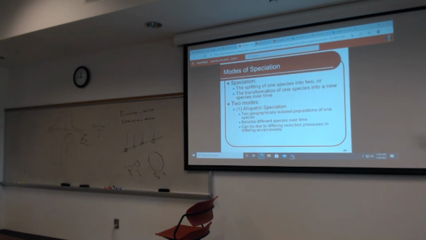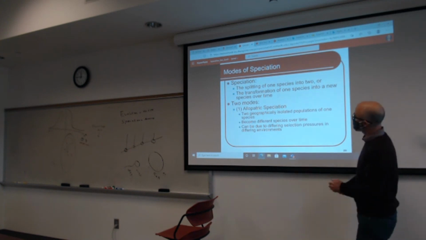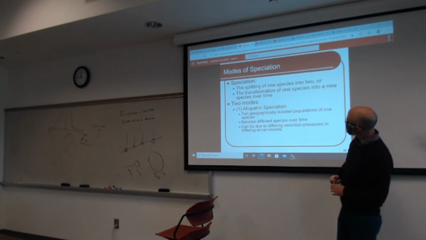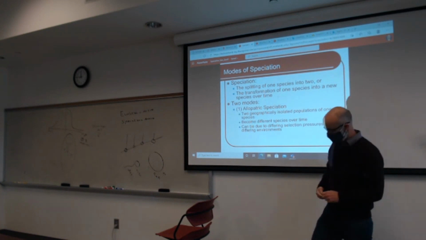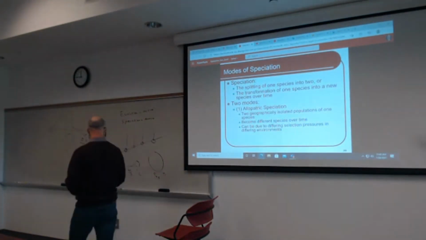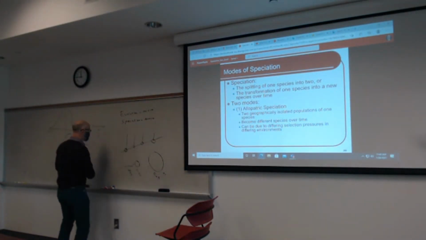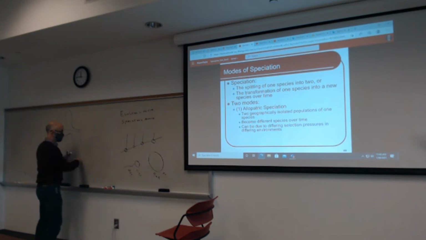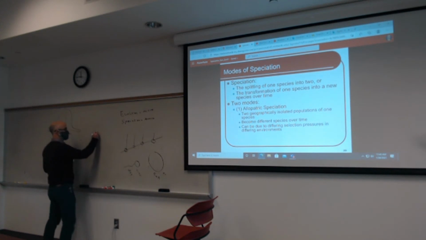So speciation then is either A, one species splits into two, so that would be something like this. We have species blue, we have speciation back here, and we have the evolution. This is speciation right here.